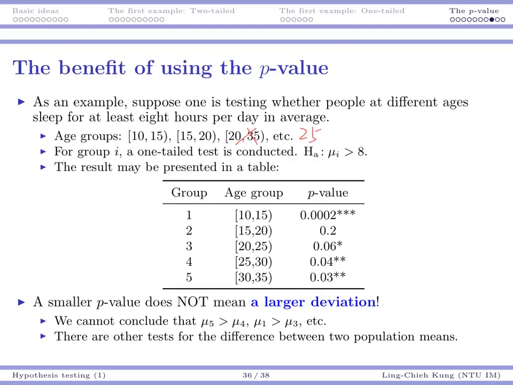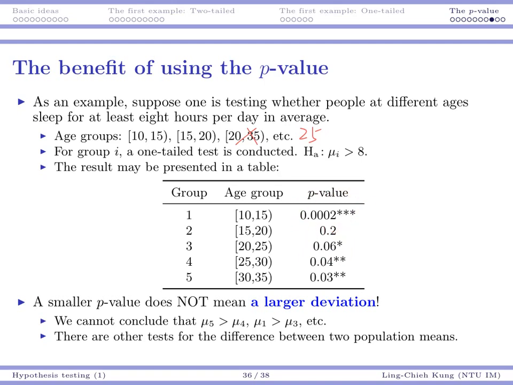And then I may summarize all my results in one single table. I don't need to specify alpha. Okay? Instead, I calculate the p-value. And then for each p-value, I write down the number of stars it should have. For example, here, I give it 3 stars.